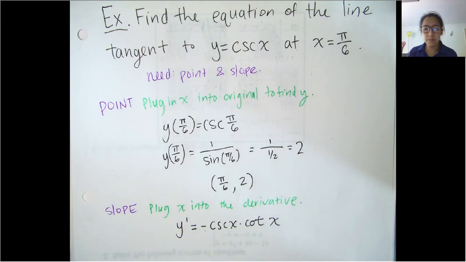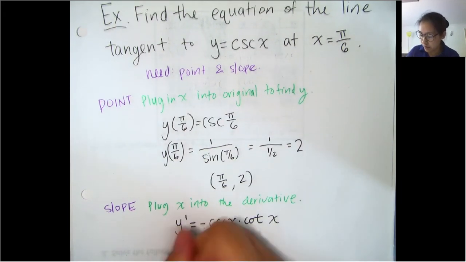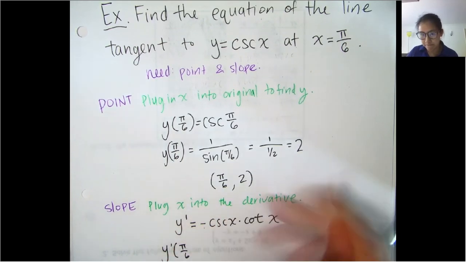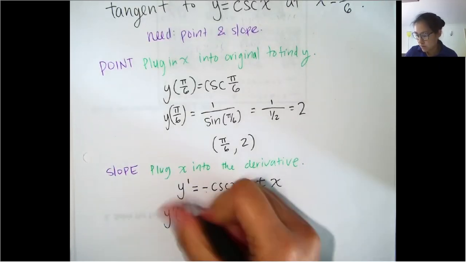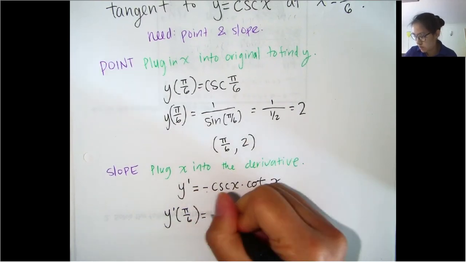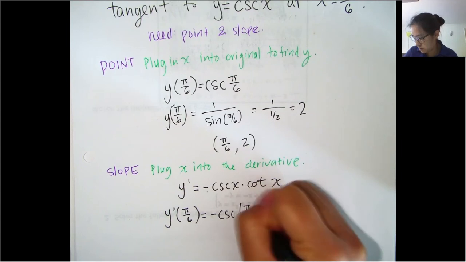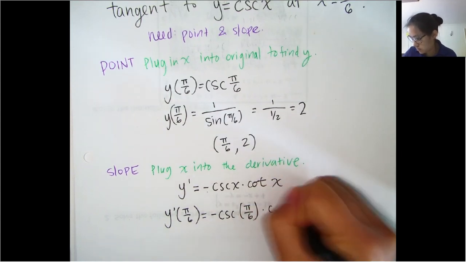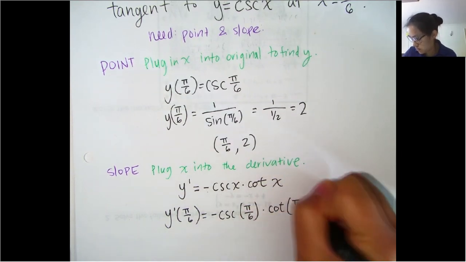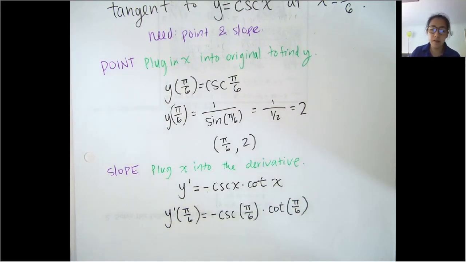Okay, and so you want to plug the x into the derivative. The x was pi over 6, so we're going to find y prime of pi over 6, which means we plug pi over 6 into both of those x's.